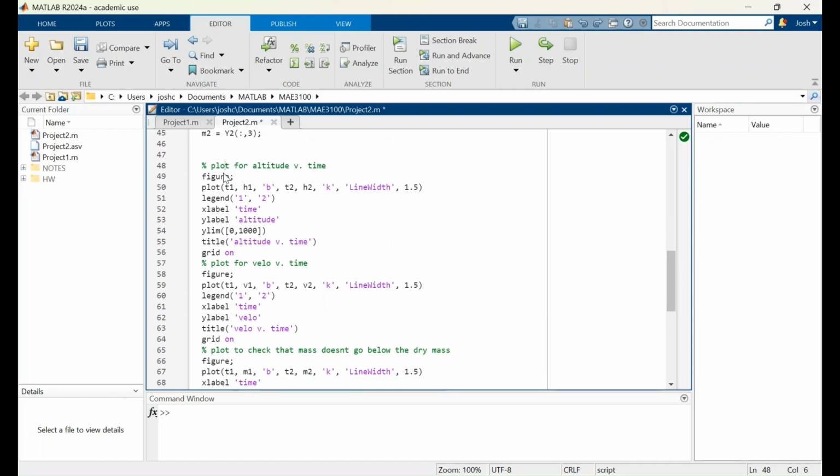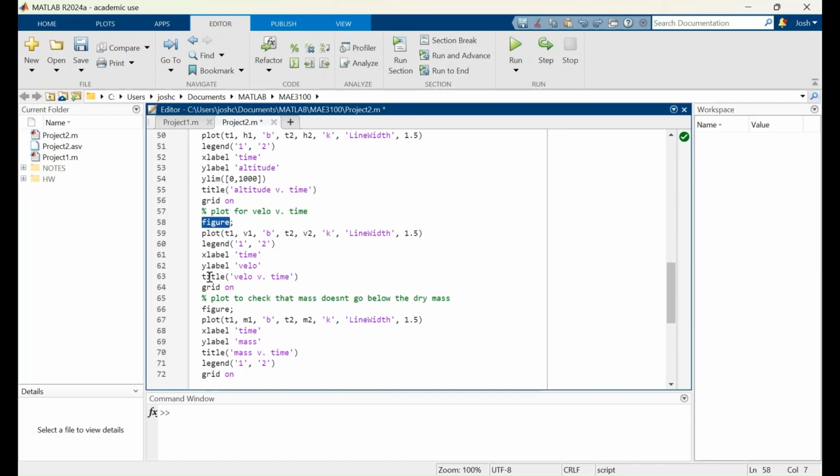And then plotting. It's just basic plotting. We have three different plots, so it's kind of easier to look at it. You can do it all in one because all of it's with respect to time.